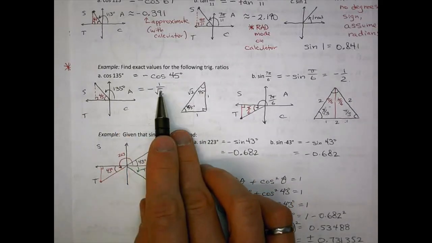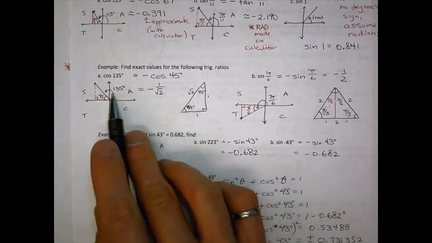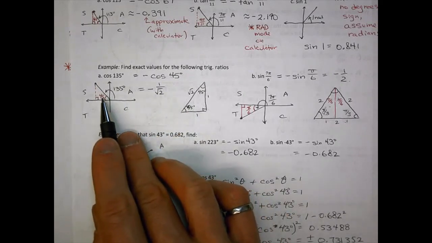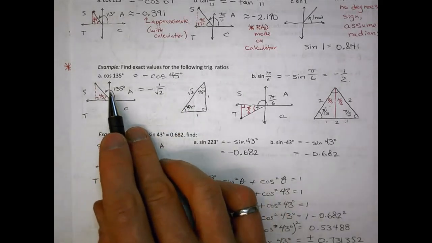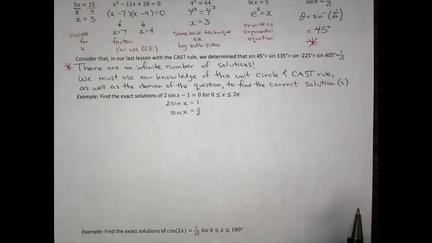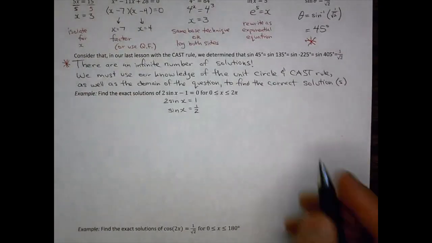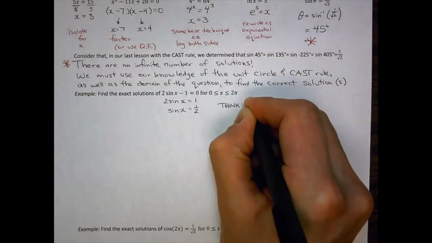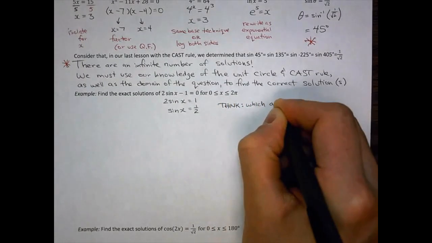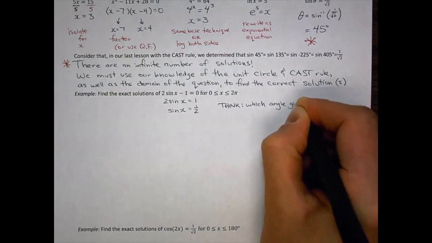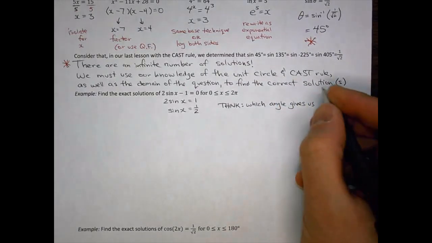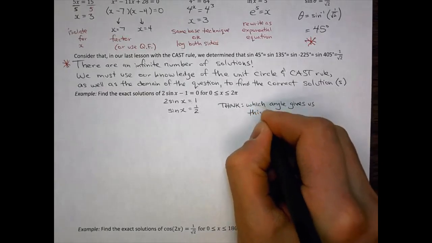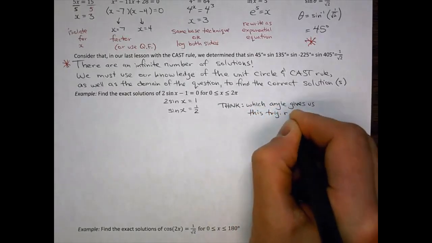So I'm going to take the ratio, figure out the acute angle, then figure out, based on whether it's positive or negative, what kind of angle the terminal arm is, to give me that answer. So let's just write that out here. Think. Which angle gives us this trig ratio?